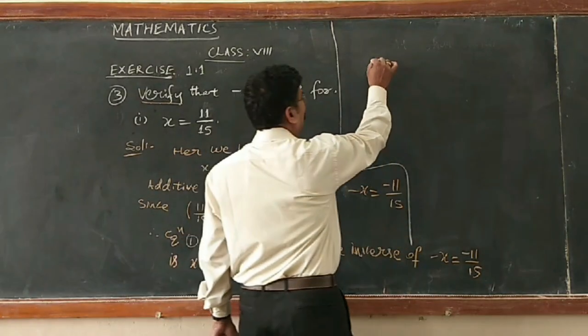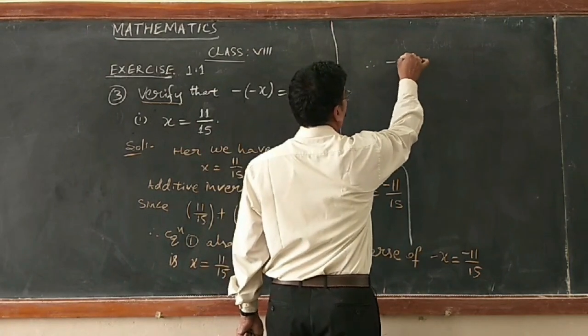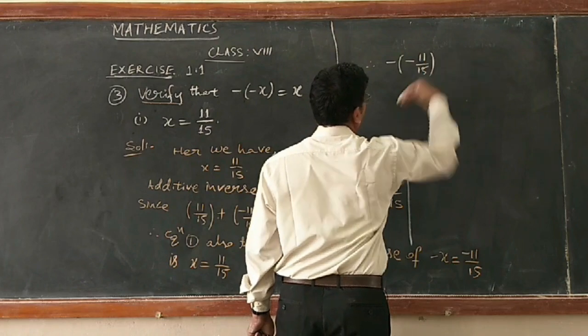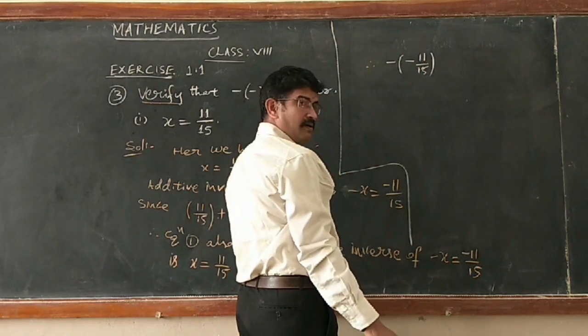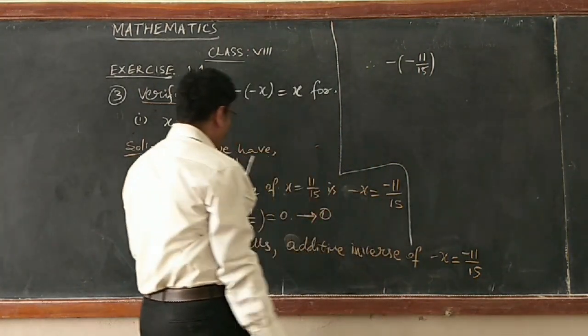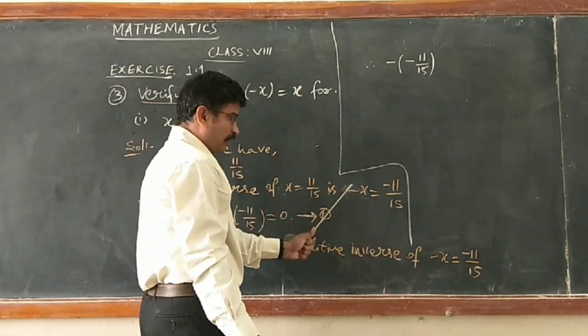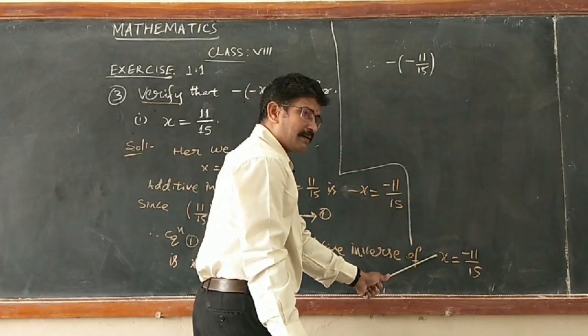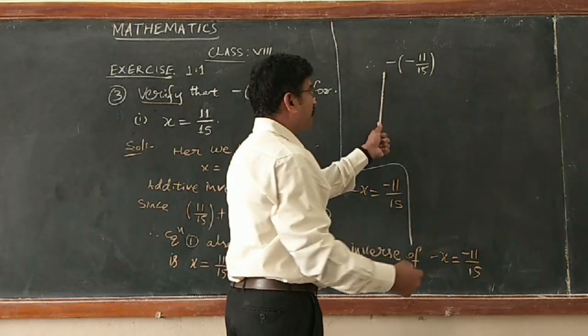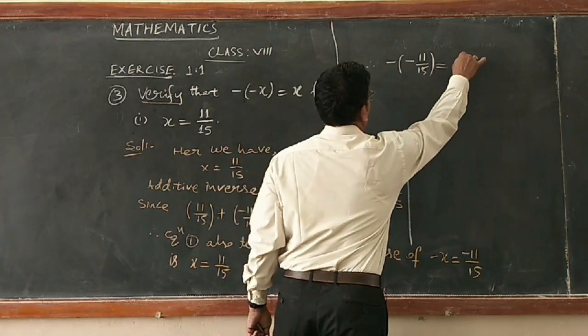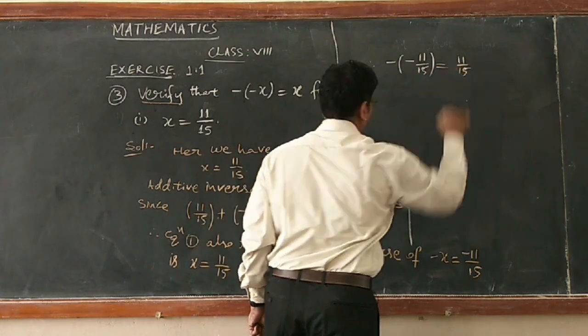See children, now therefore minus of minus 11 by 15. Why? Because normally the inverse of x is minus x. Now the inverse of minus x must be minus of minus x, which is equal to 11 by 15.